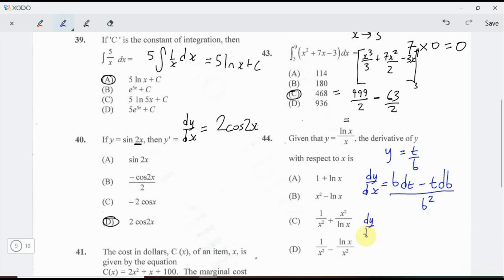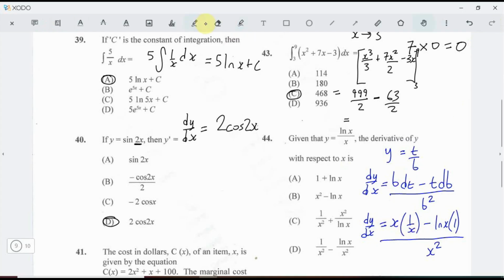So in this case, our dy by dx is going to be, start with the bottom, which is x, times the derivative of the top. When you differentiate ln x, you get 1 over x. Minus the top, which is ln x, times the derivative of the bottom x, which is 1, over the bottom squared. So now we just need to simplify this expression.